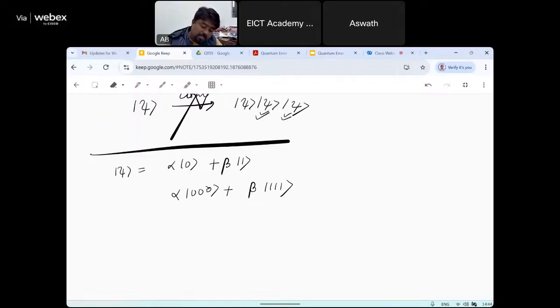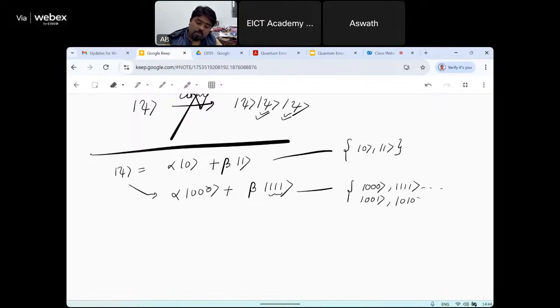The basis on which it is constructed is 0 and 1. For three qubits, remember, I'll have 000, 001, 010, 100, 011, 101, 110, 111.